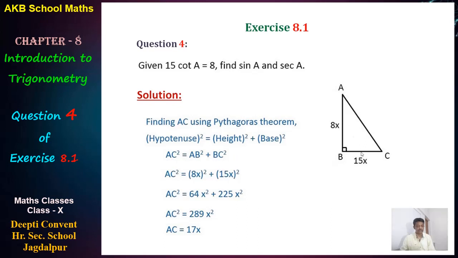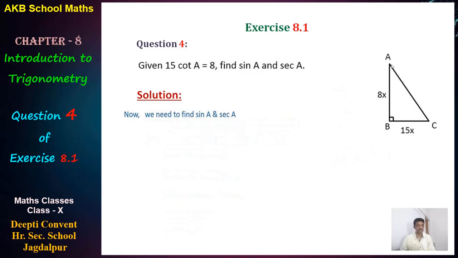Now putting the values, AC square equals 64 plus 225, that is 289x square. Taking square root, AC equals 17x. Now three sides are known.